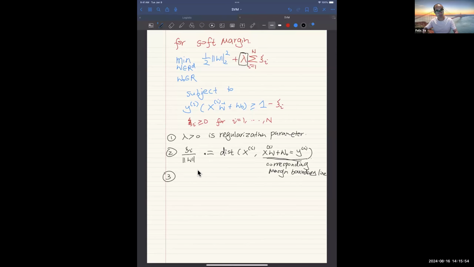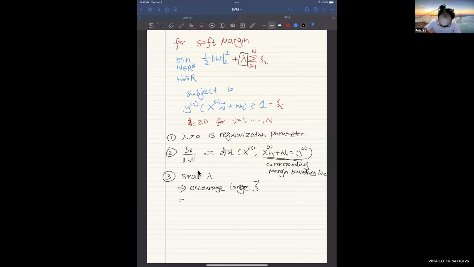Okay, so if we have a small lambda here, that will encourage a large c. That means I allow and encourage the misclassifications with large margins.